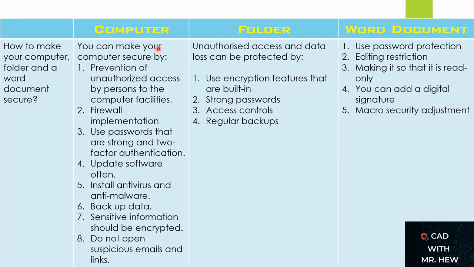You can make your computer secure by: 1. Prevention of unauthorized access by persons to the computer facilities. 2. Firewall implementation. 3. Use passwords that are strong, and you can also use two-factor authentication. 4.